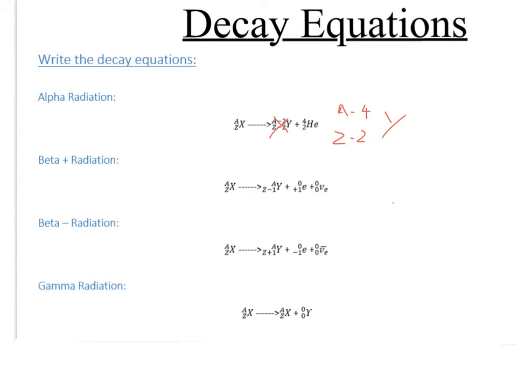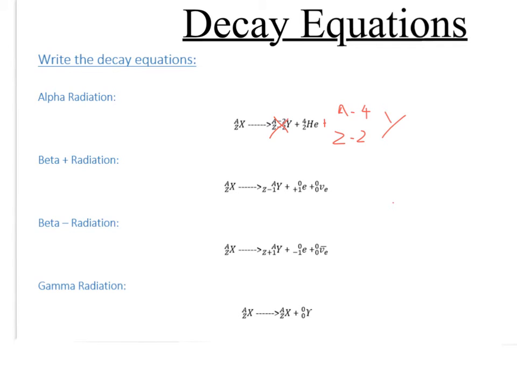So that's the actual correct term for that. So you see here we've got element X. It has nucleon number A, proton number Z. When it loses a helium nucleus, which has this notation here, that would make the nucleon number decrease by 4, and it would make the proton number decrease by 2 there. So that's the correct decay equation for that one.